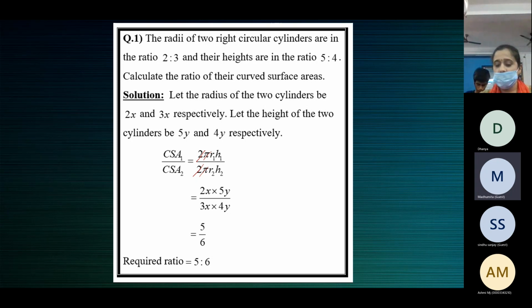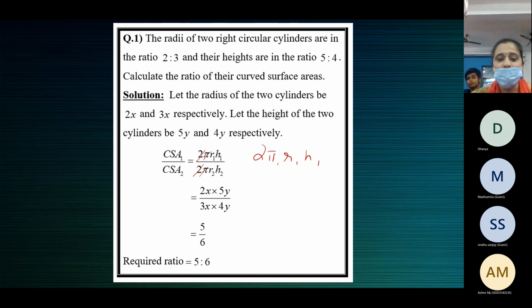So see, you don't have to say pi 1 and pi 2. Pi is a constant. R1 and R2 are different for different cylinders. You don't have to say 2 pi 1 R1 H1 because pi is a constant. The value of pi is 22/7. 2 is a constant, pi is a constant.